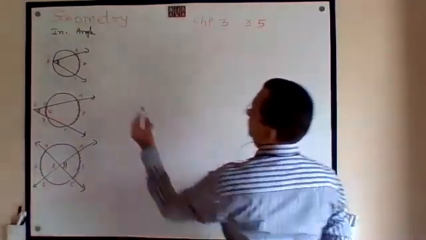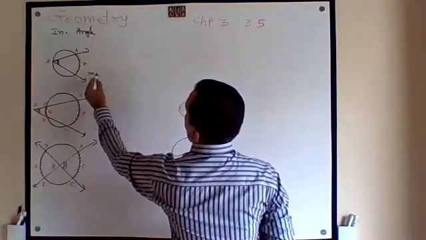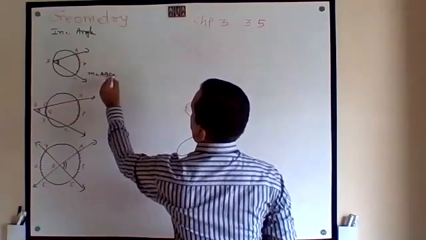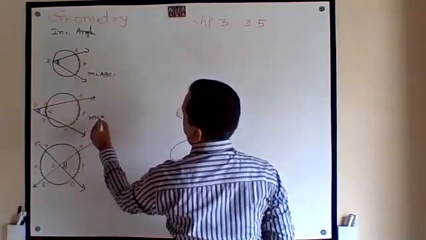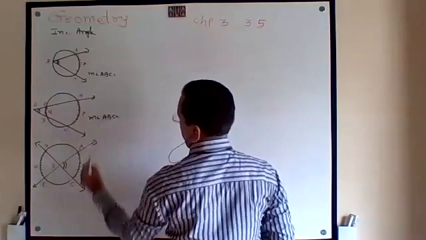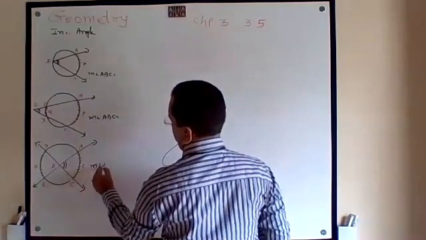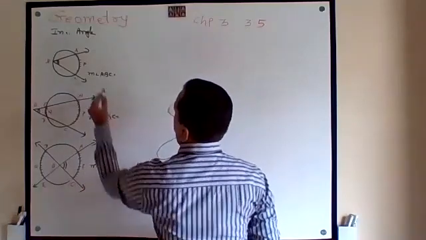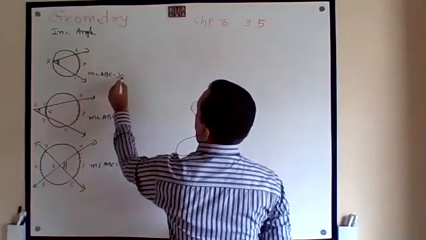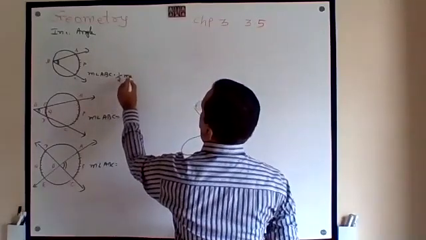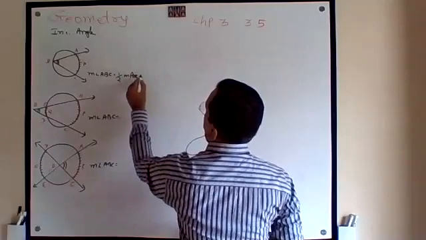So the formula: measure of angle ABC is equal to half of major arc APC.